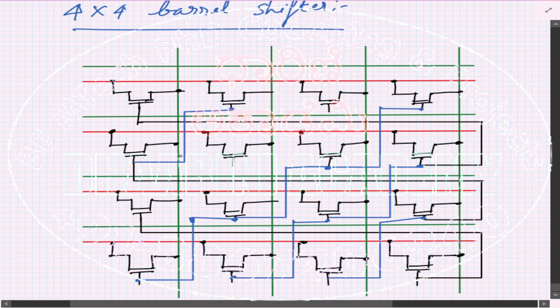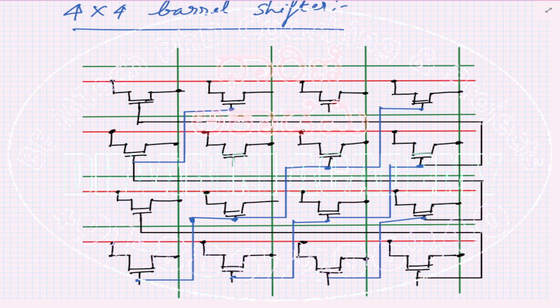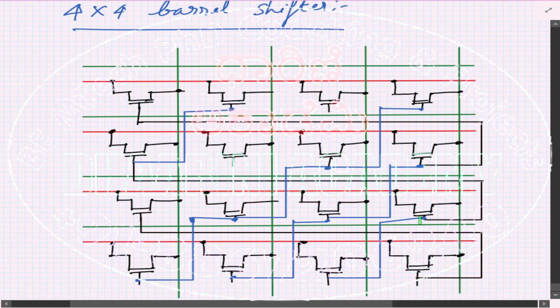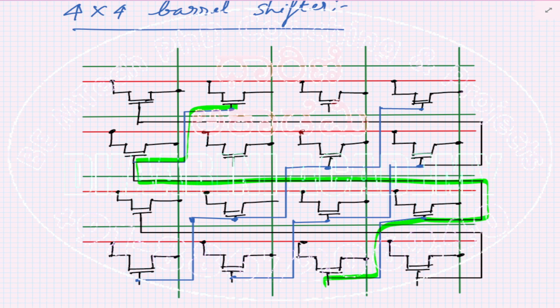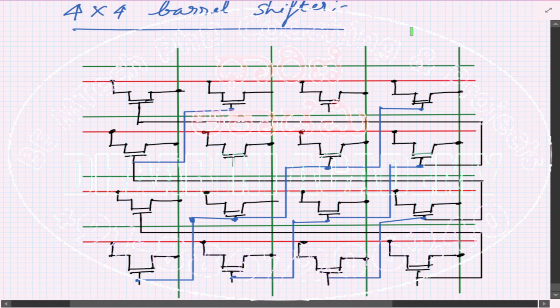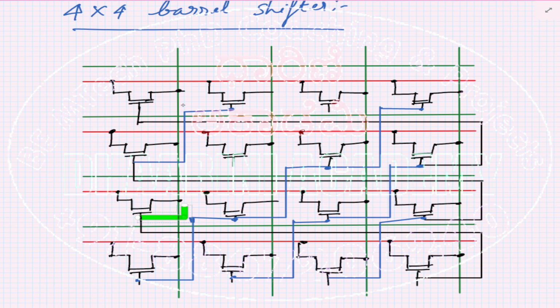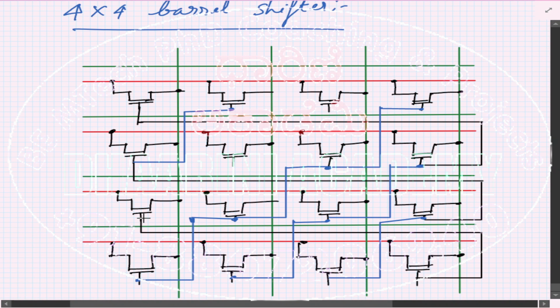So now you see, let's trace it. Let's do the third one. I start from here, I go to this, then I connect through black to this, then I connect to this. You see, again 4 are connected, right? And let's finish the last one now. I gave the last one, so this means it has to connect from here. Now just check this. I start from here, I go here and I connect.